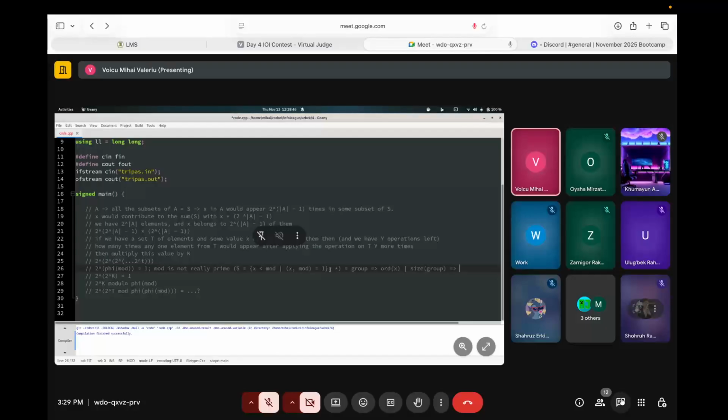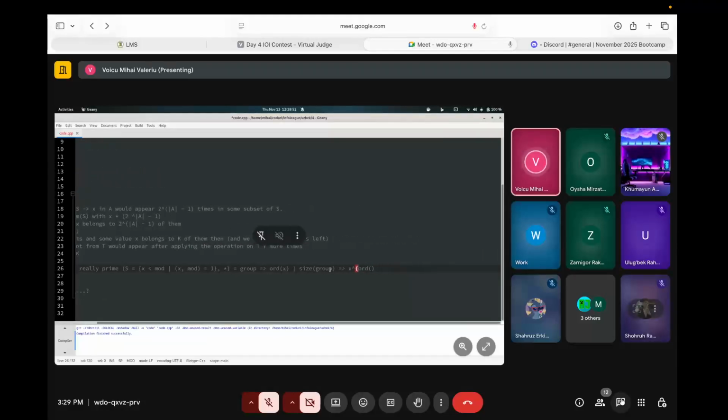That is, the smallest value such that x to that power is equal to the identity element divides the size of the group, which means that we can just raise this again to the power of what is left and get x to the size of the group equals 1.